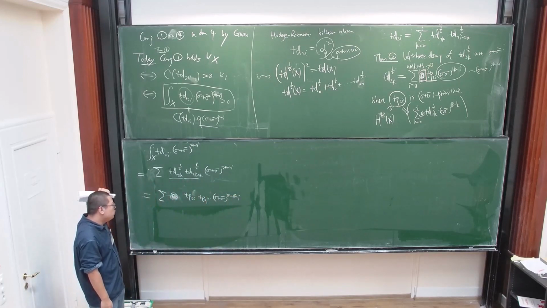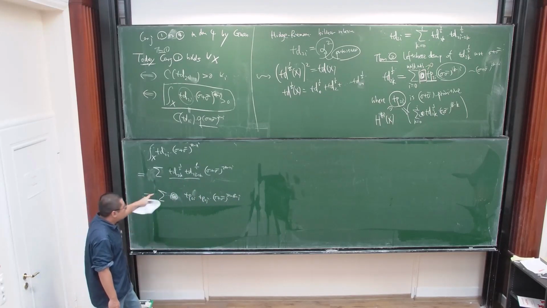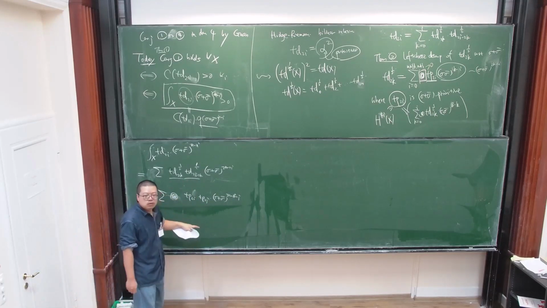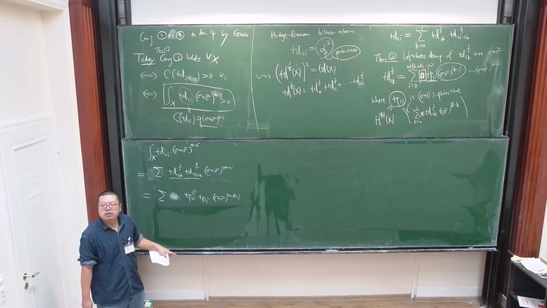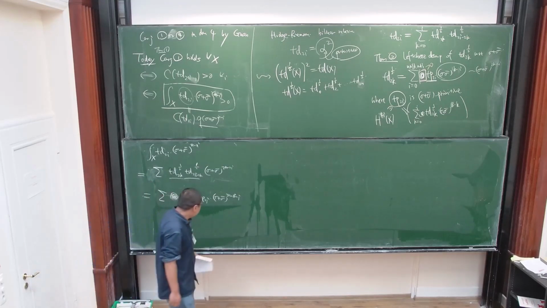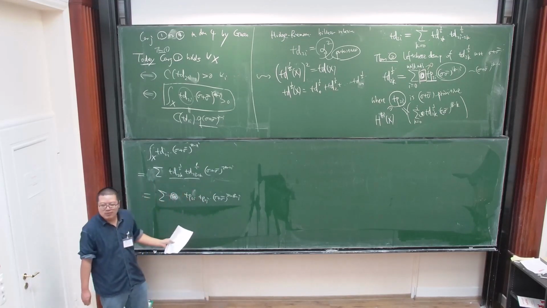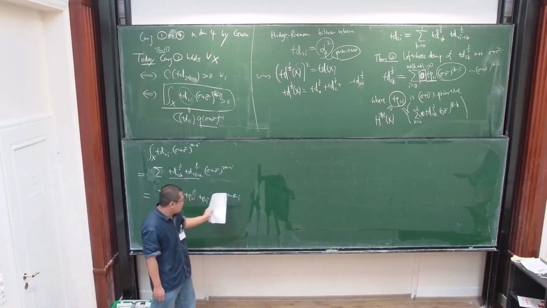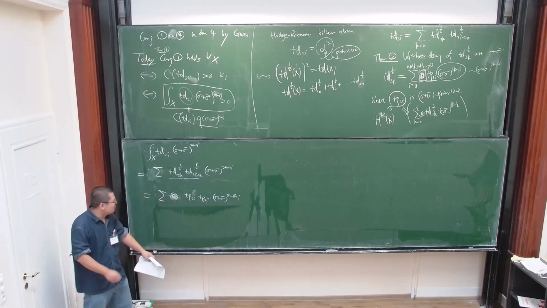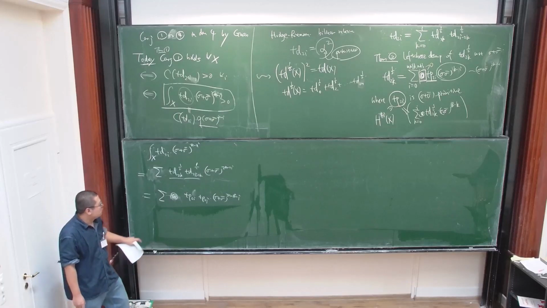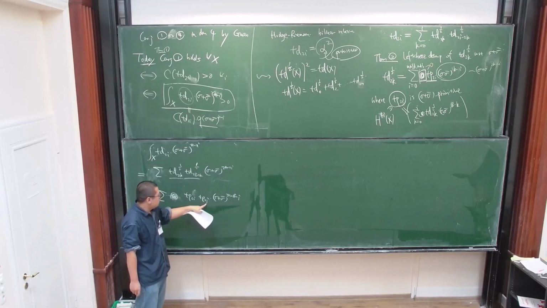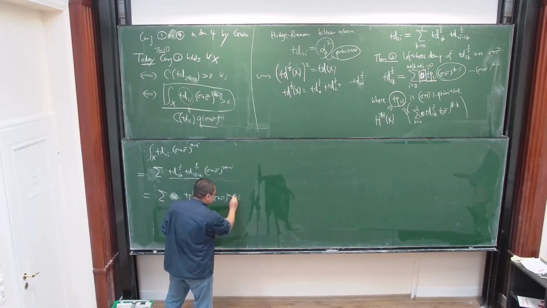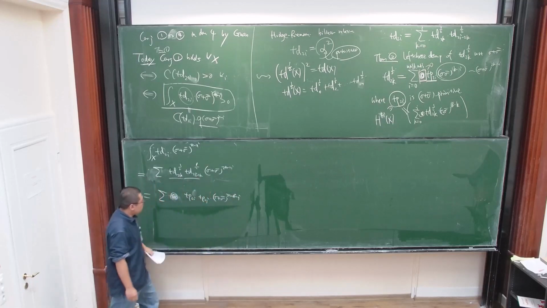Am I wrong? Here P means primitive. So this is something I got the notation. Okay, so 2I, 2J, 2. Yeah, something like this.